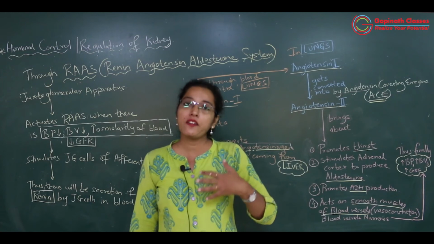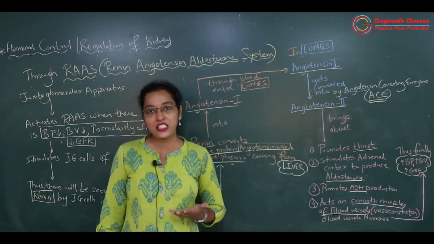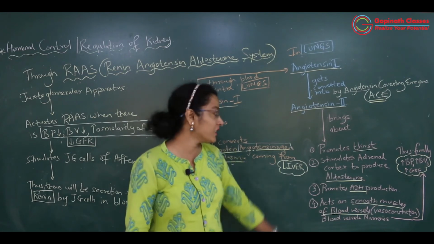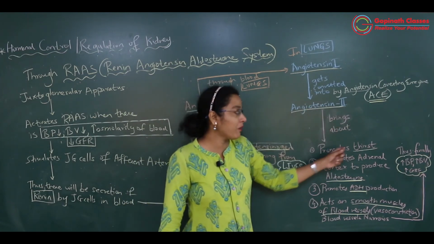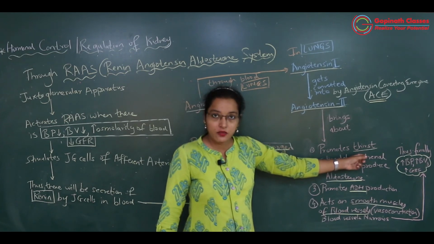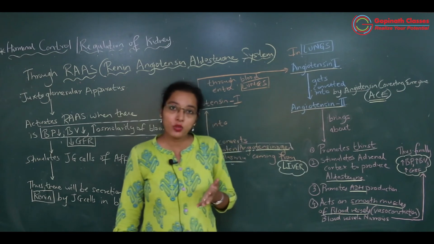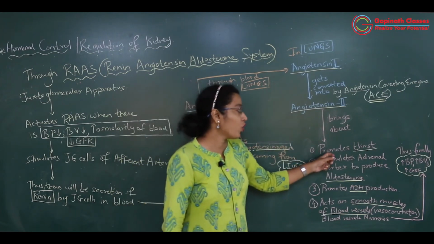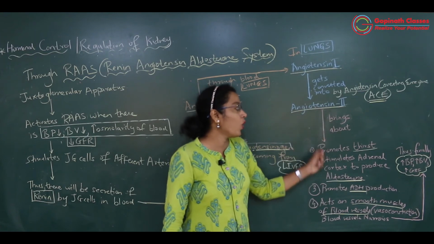It promotes thirst. So person will feel to drink water. So water drink करने के बाद ही water का reabsorption होगा from DCT and CD. That's why angiotensin 2 indirectly will promote the thirst because it is acting over the osmoreceptors of the hypothalamus. So what is the activity till now we have studied of angiotensin 2?